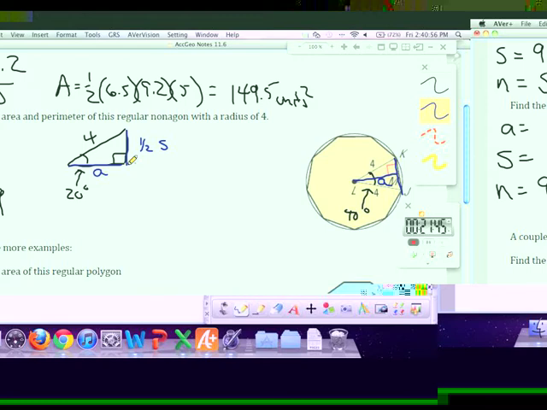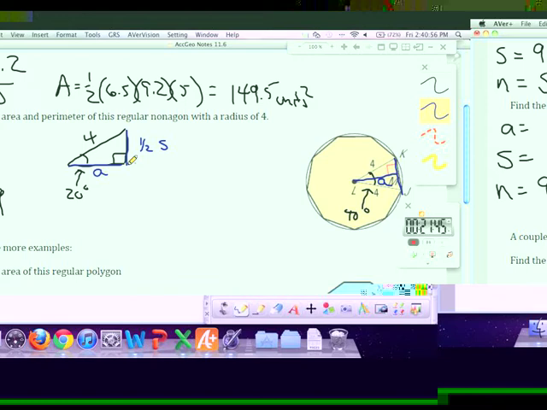GEH. How are we going to find GEH? Well, that formula would find what AFE would be, but I just want to know what this angle GEH is.